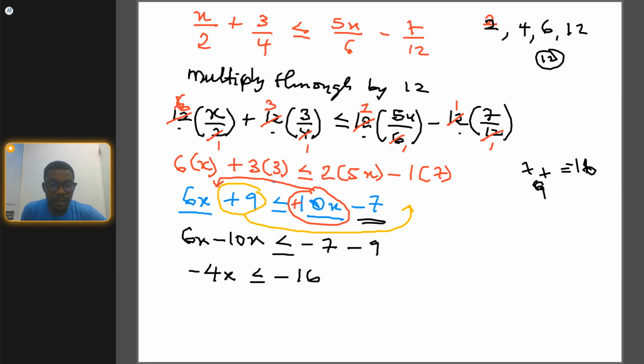That is -16. So to finalize the response, I need to divide both sides by the coefficient of x, which is what? -4.